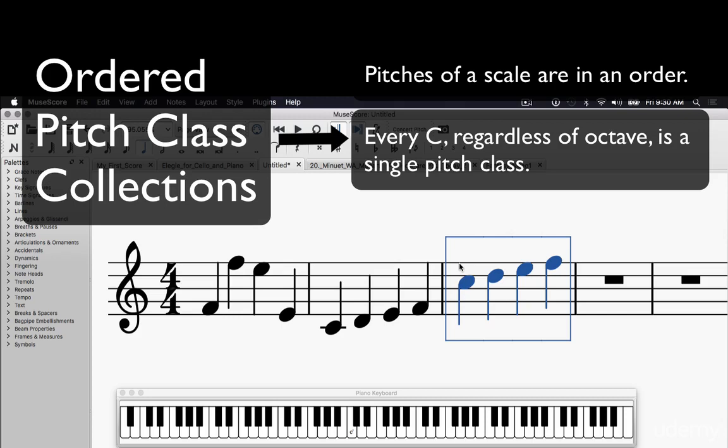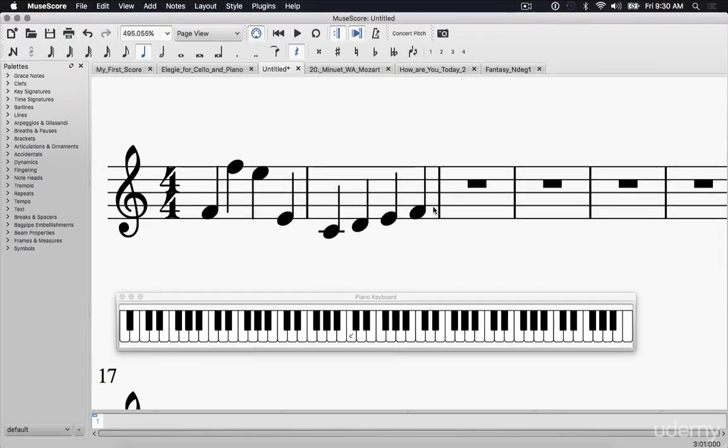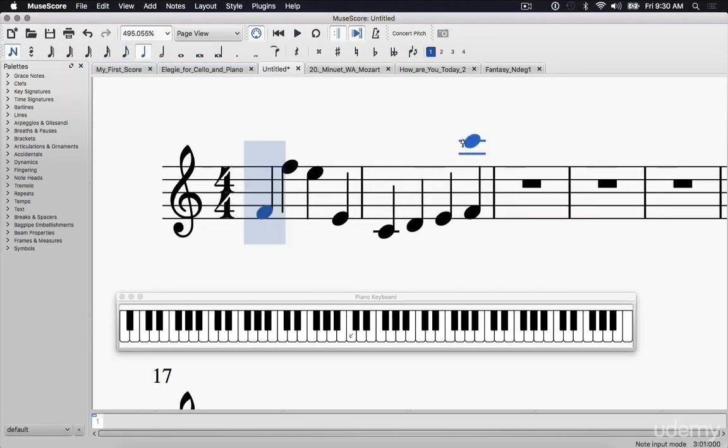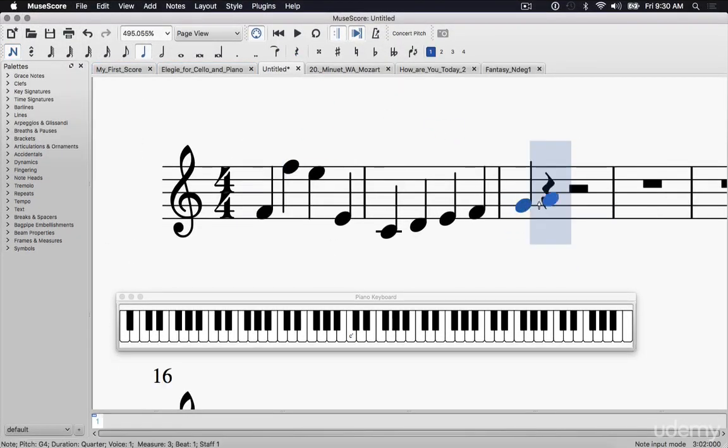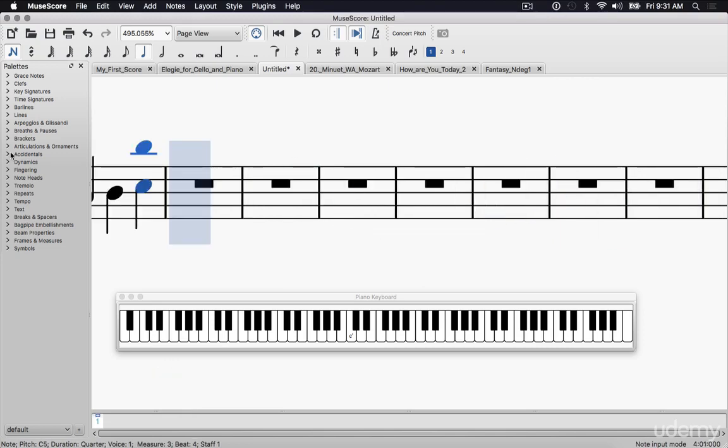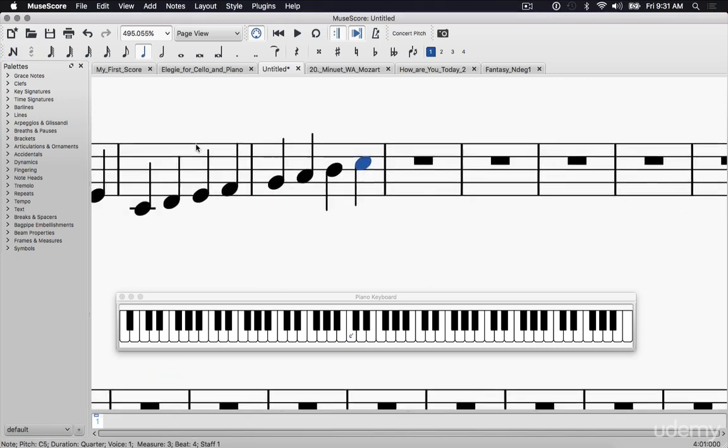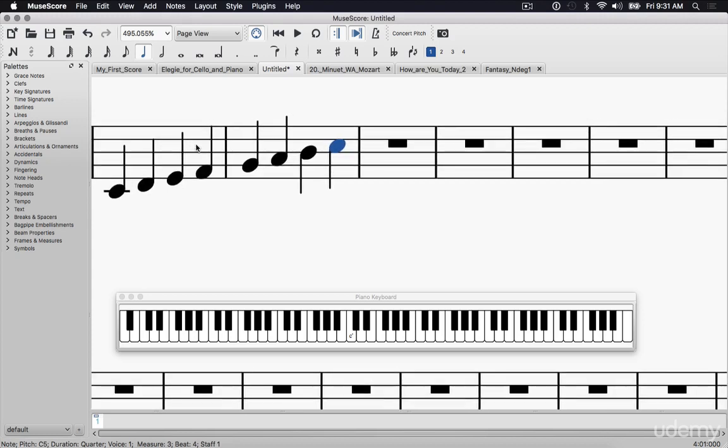I want to get rid of it. It was correct for what I was saying before, but it looks like this is a scale, but it's not because I've skipped a whole bunch of stuff right here. So let's make this a proper scale. So F, G, A, B, C. So this is a C major scale right there, beginning to end. And that is the order of the notes in the scale.